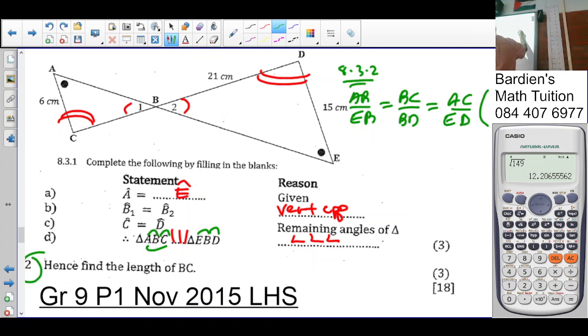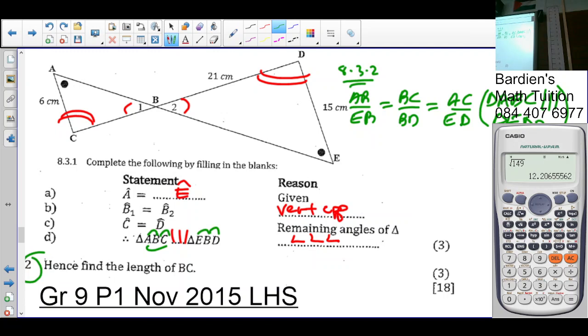So what's the reason here? Triangle ABC is similar to triangle EBD. Or you could have written sides are in proportion, one of them, it doesn't matter.